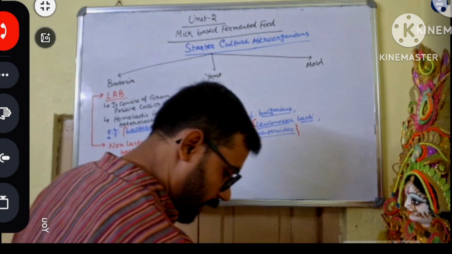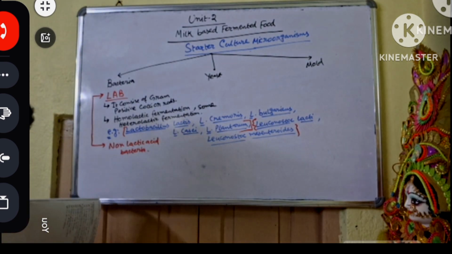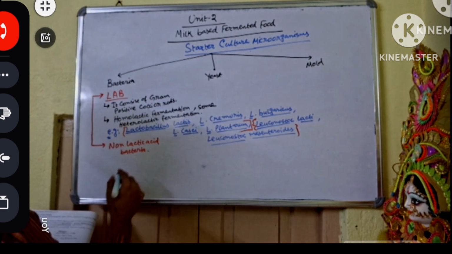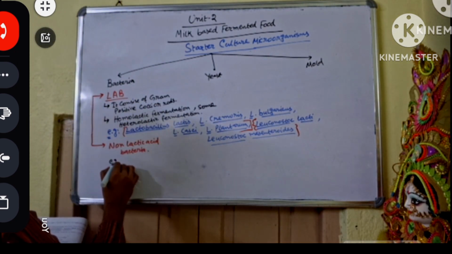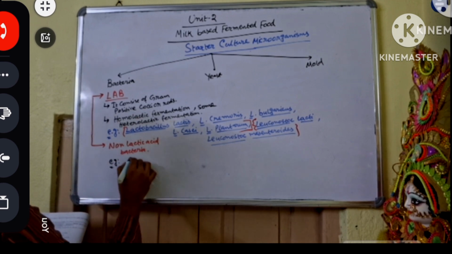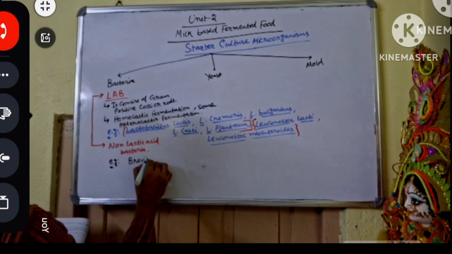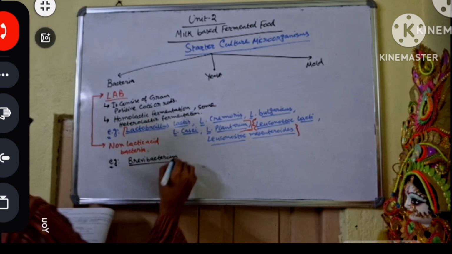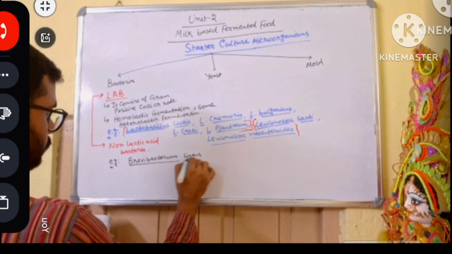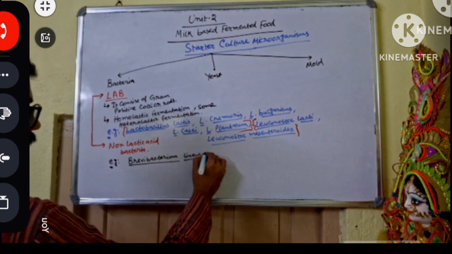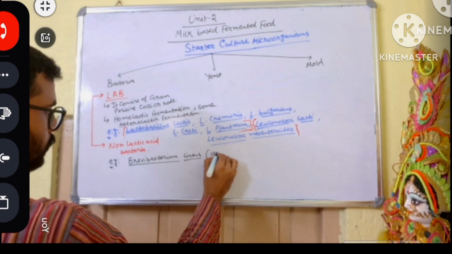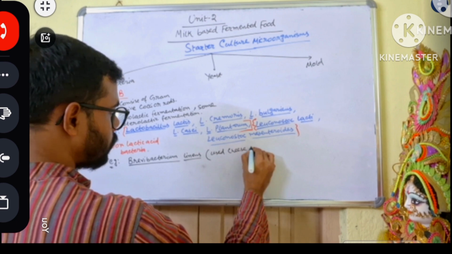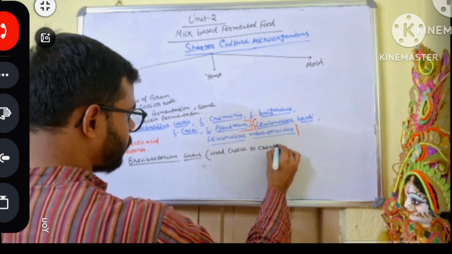Some non-lactic acid bacteria, for example, Brevibacterium linens, used in cheese to create surface pigmentation.